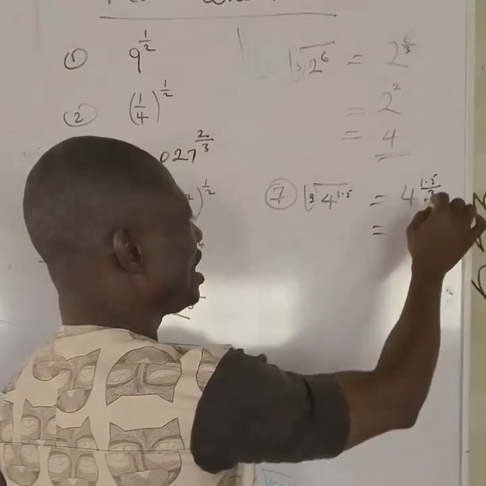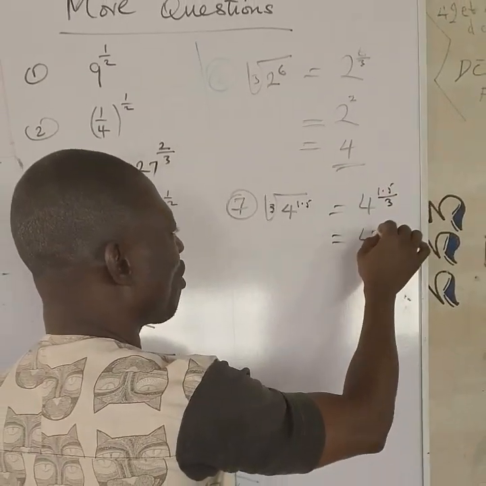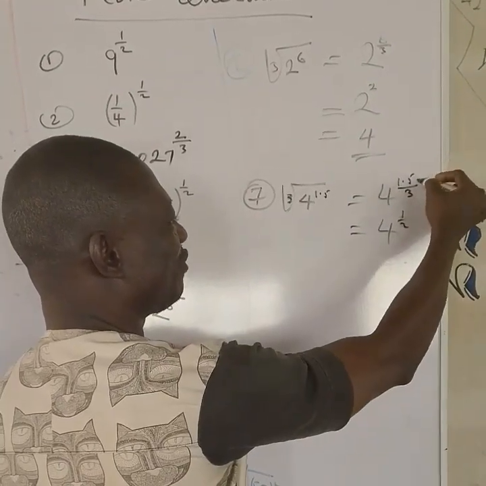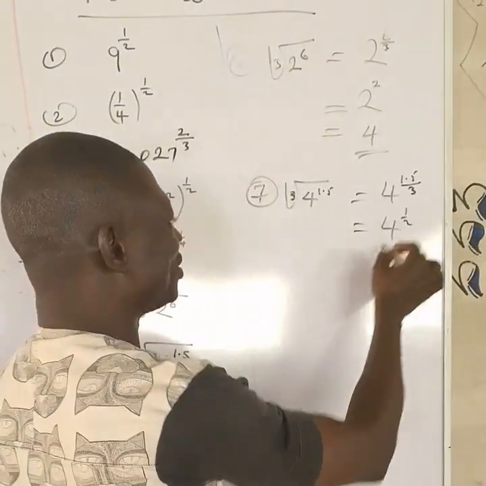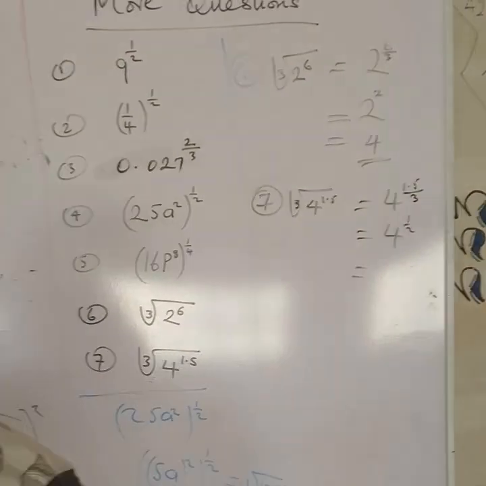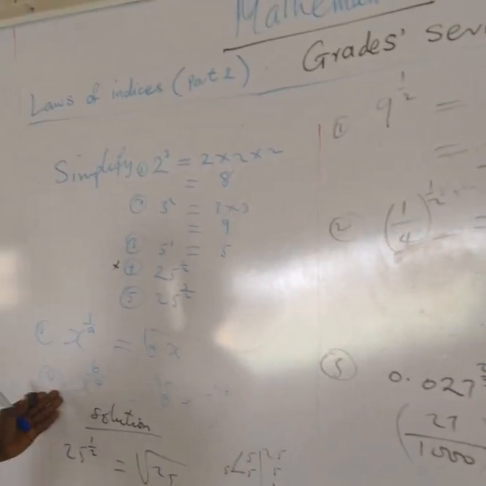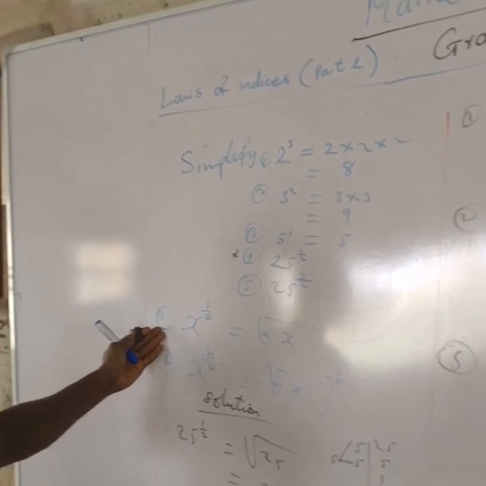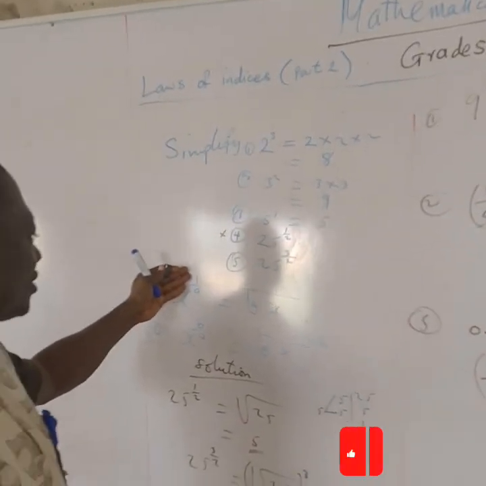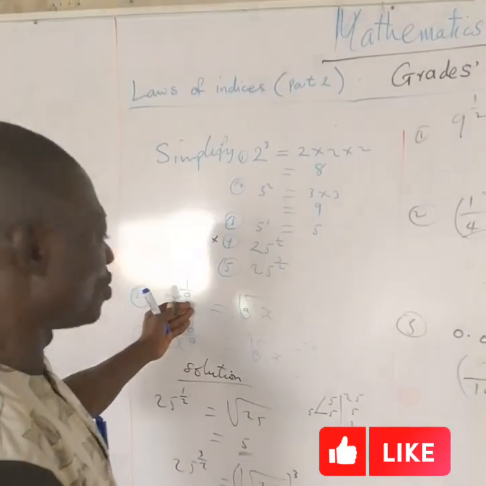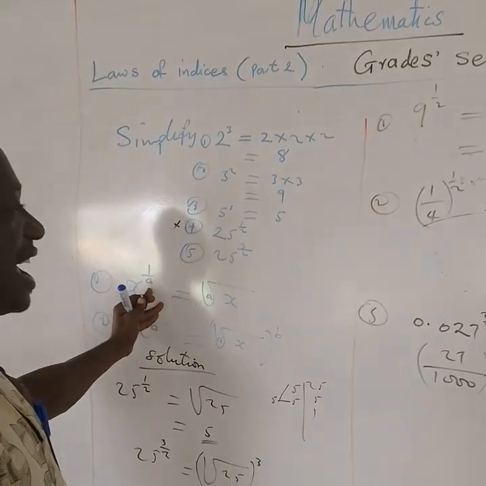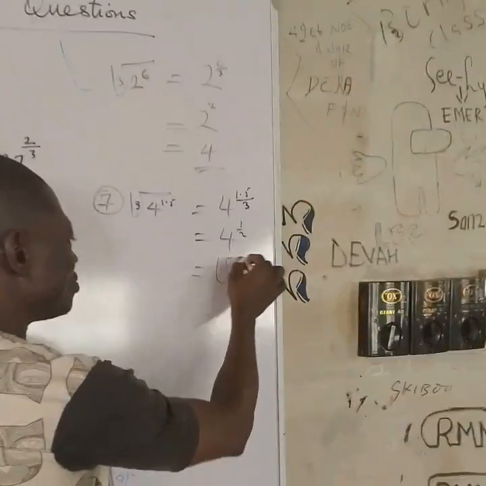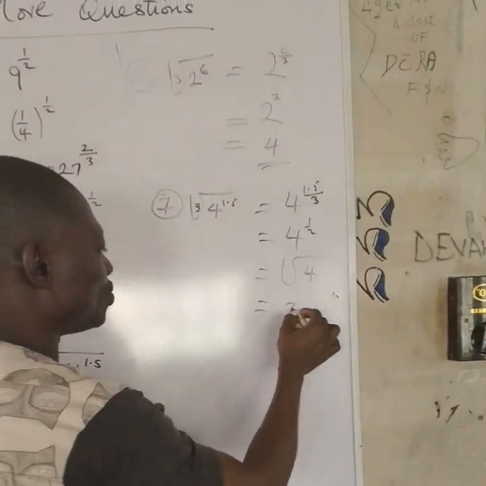And so if we divide, we are going to have 4 raised to the power 1 over 2. And so we are going to have law number 2 taken to become law number 1, and number 1 sees us through because we have 1, we have A. Our 1 is there, our A is 2. That means 4 raised to the power half will now become square root of 4, giving us 2 as our last answer.